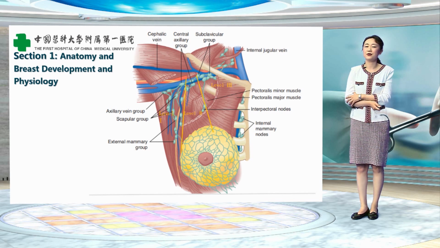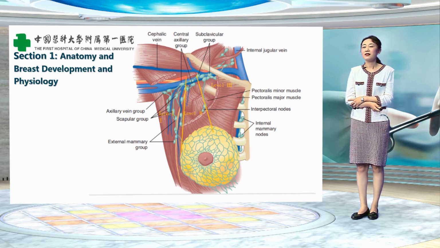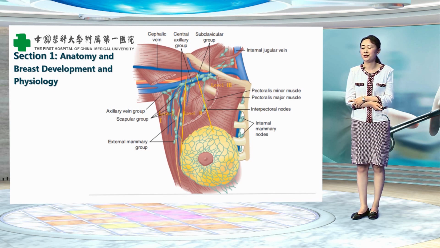The axillary lymph nodes are typically described as three anatomic levels, defined by their relationship to the pectoralis minor muscle. Level 1 nodes are located lateral to the lateral border of the pectoralis minor muscle. Level 2 is located behind the pectoralis minor muscle. And level 3 includes the subclavicular nodes, which lie medial to the pectoralis minor muscle.